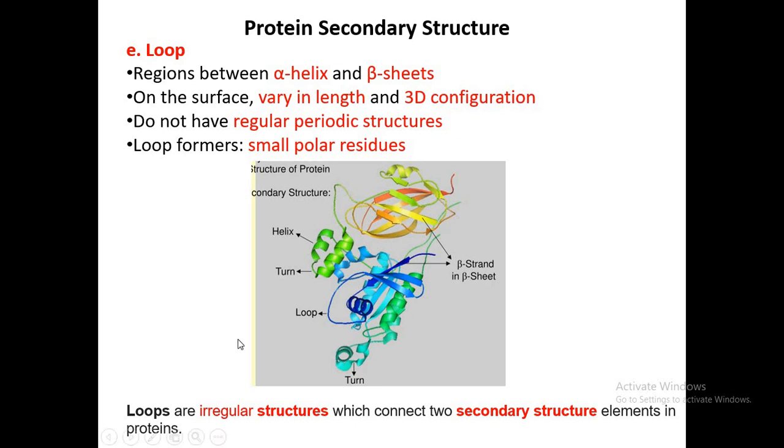So what is a protein loop? A loop is a secondary structure of a protein, and it is irregular in nature itself, but it is found to join two regular secondary structures within a protein, and it is basically composed of polar amino acids. Due to this reason it is mainly found on the surface of the protein.